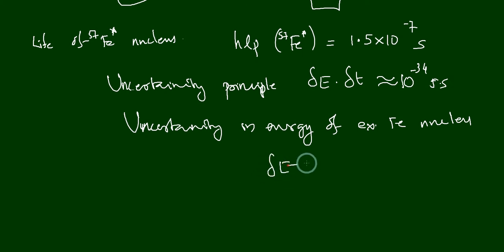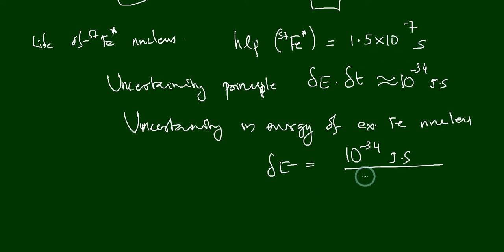Delta E is equal to 10 raised to minus 34 joule second divided by delta T. Delta T is almost 10 raised to minus 7 seconds, because the half-life period of this excited iron 57 nucleus is 1.5 into 10 raised to minus 7 seconds.